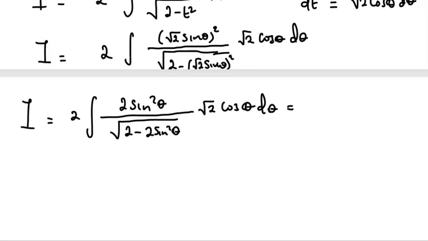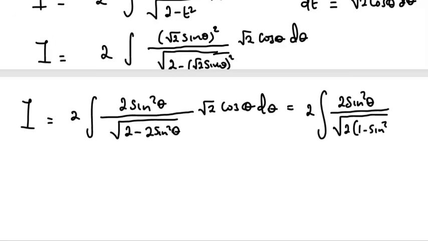So this is equal to 2 times the integral of 2 sine squared of theta divided by, in this radical we're going to factor out 2, then in brackets 1 minus sine squared of theta, then root 2 cosine of theta d theta.